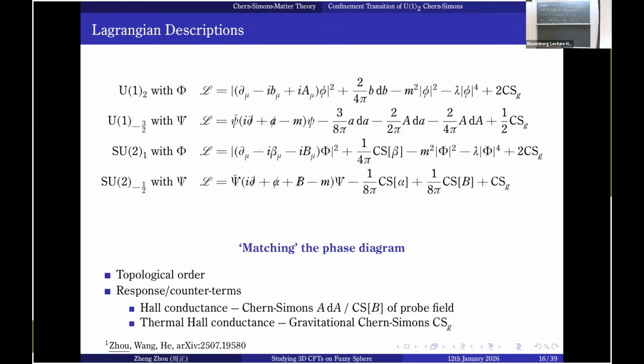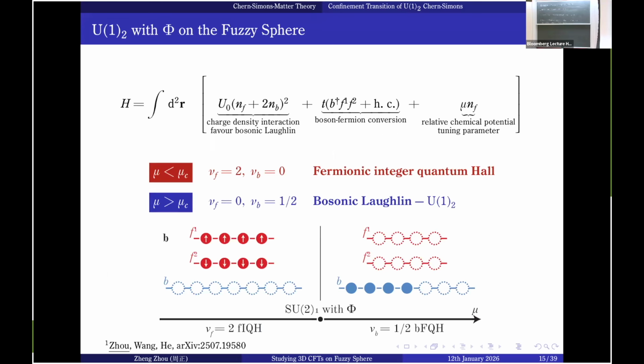I would disagree that you can tune the Chern-Simons level. When you change the Chern-Simons level, it becomes a different theory, so we need a different construction. But how do you know that this construction of yours corresponds exactly to these four? Yeah, that's a good question.